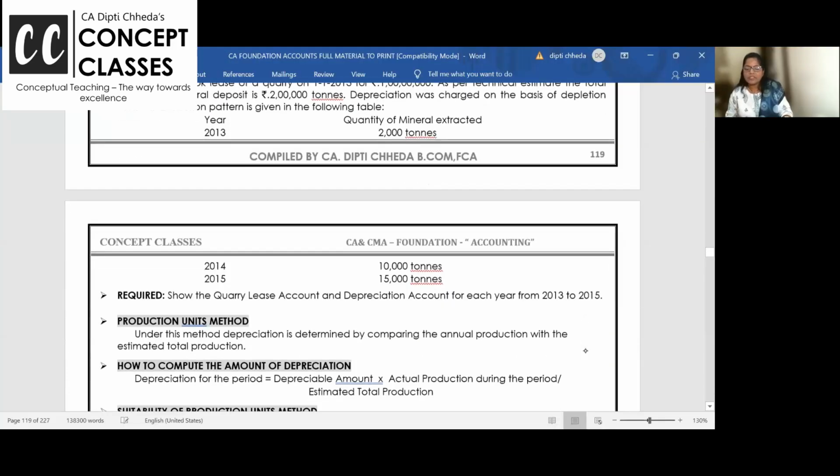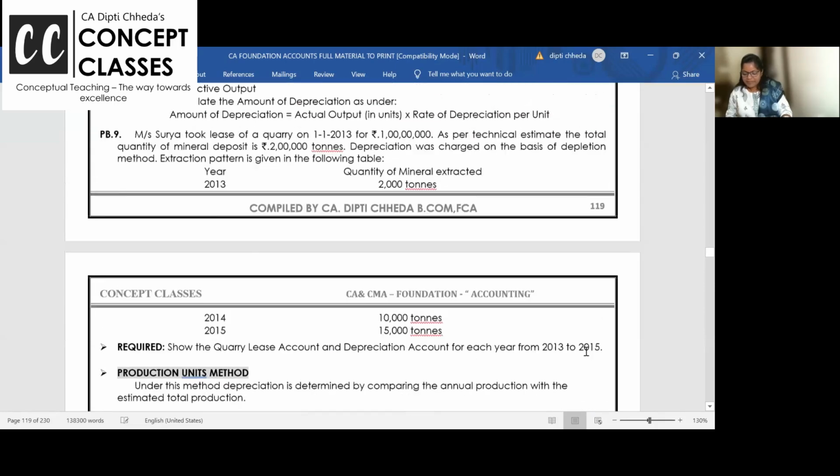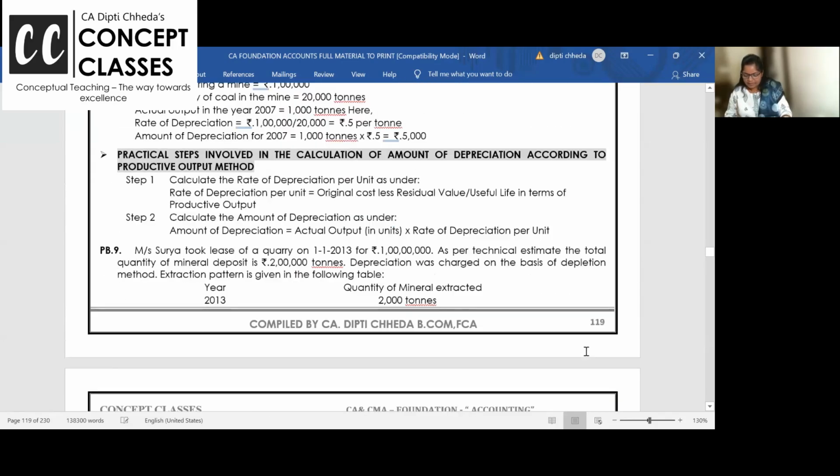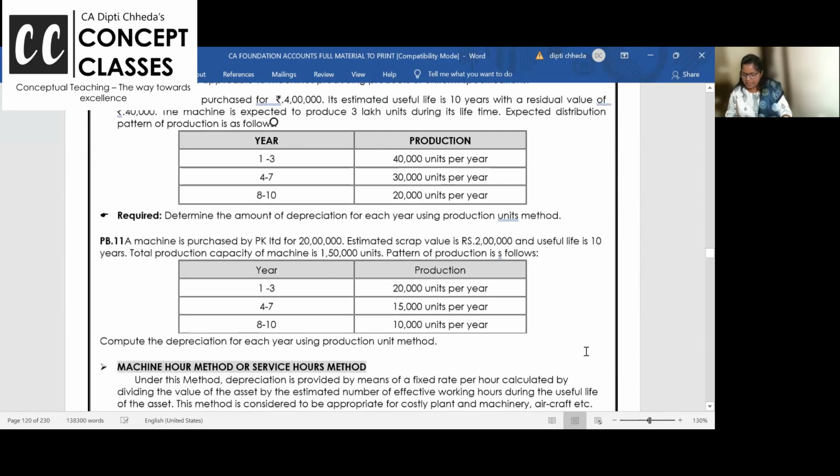I gave some homework also. We have completed till the production unit method, and the 9th problem I gave as homework. The 11th problem also we have done, production unit. We have to start with machine hours, but before that, 10th problem answer, you tell me. Look at the screen and tell me. Exactly the same 11th problem I did in class, and the 10th problem I gave as homework. See, homework is very important.